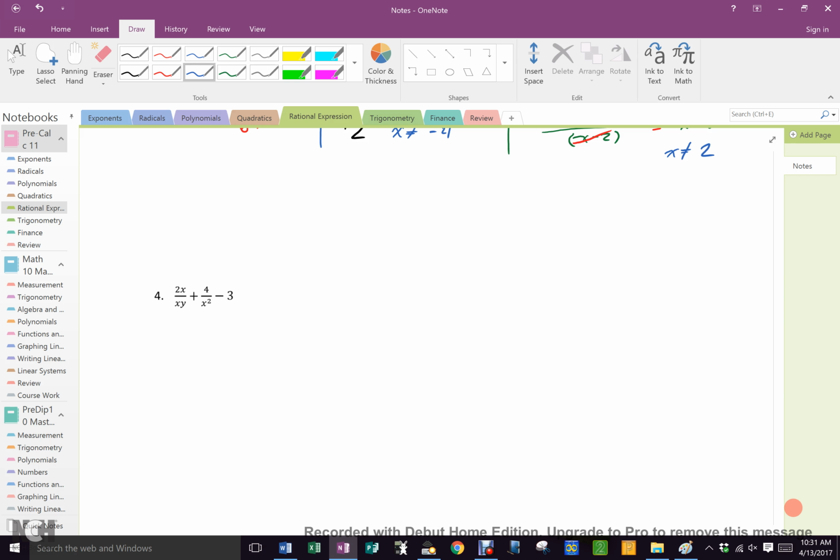Okay, so when I look at this, I say to myself, I say, self, I need a denominator that has what parts? It has an x squared. What else? It has an xy, and what else? A 1. Correct?